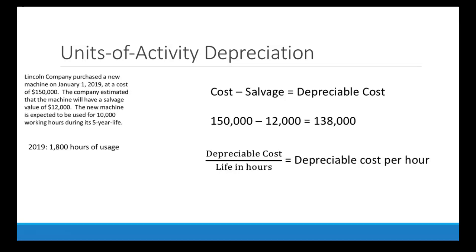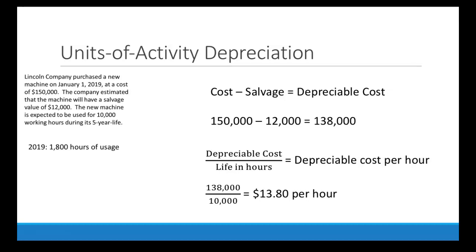Like we were talking about, the life was given to us in two different forms: working hours and years. We cared about the number of years when we were dealing with straight line. We care about the number of hours when we're dealing with the units of activity method. So we'll take our 138,000 divided by the 10,000 working hours to find a depreciable cost per hour of $13.80.